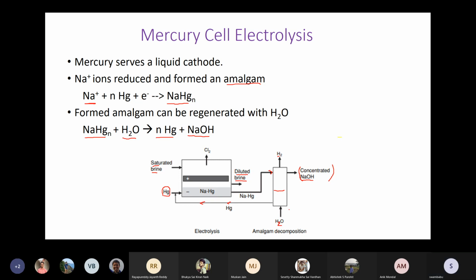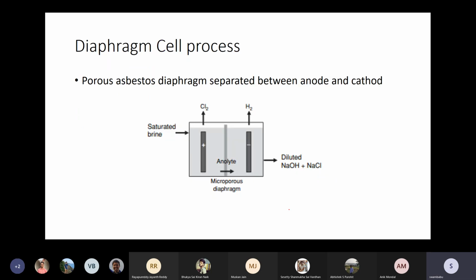After this mercury cell, they invented and developed the diaphragm cell process. The speciality of this process is that the two electrodes are separated by a microporous diaphragm.